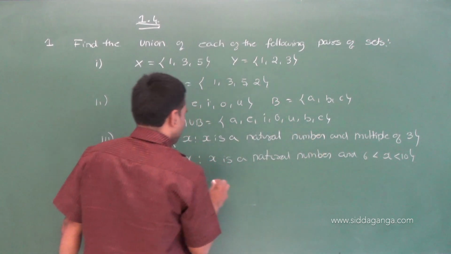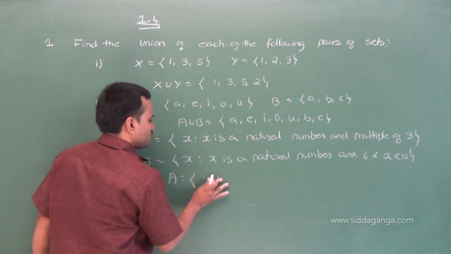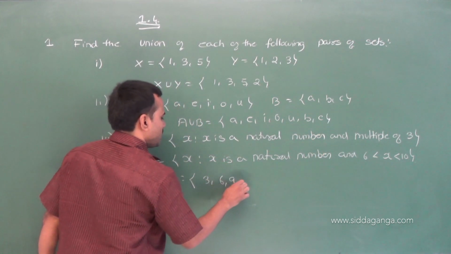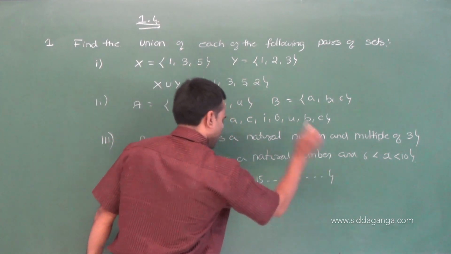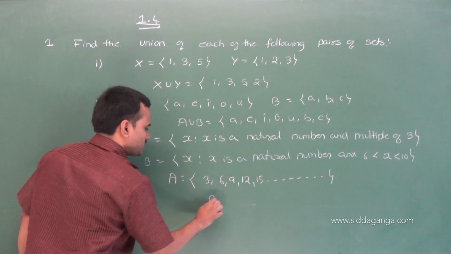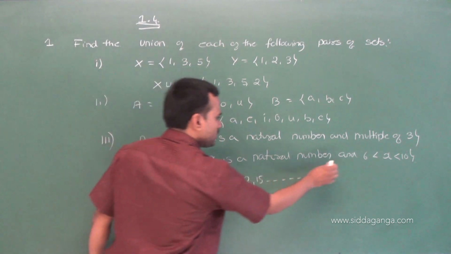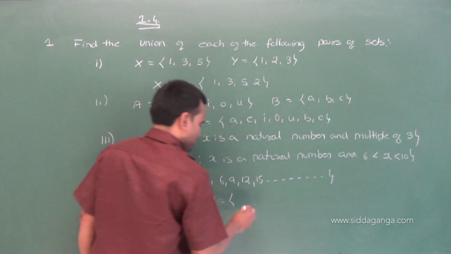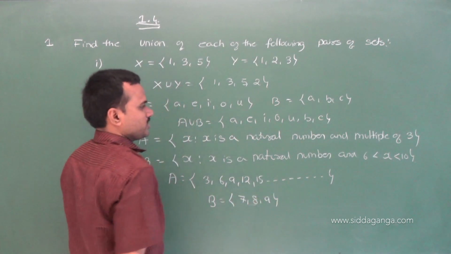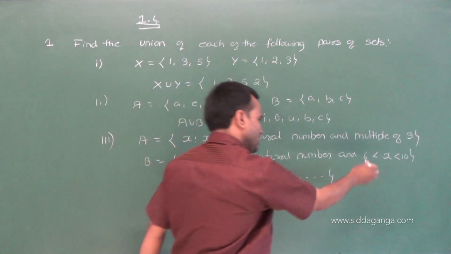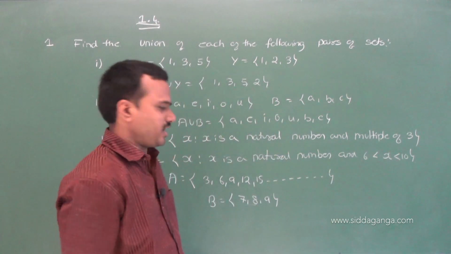Natural numbers that are multiples of 3: 3, 6, 9, 12, 15 and so on. That is set A. Set B: natural numbers between 6 and 10, which are 7, 8, 9, because greater than 6 and less than 10.